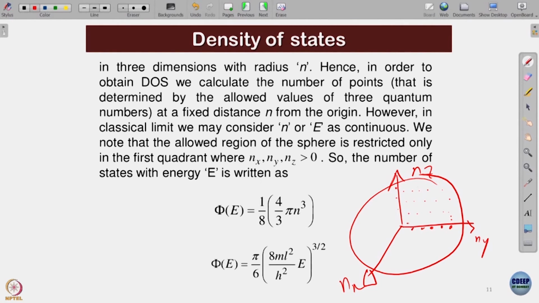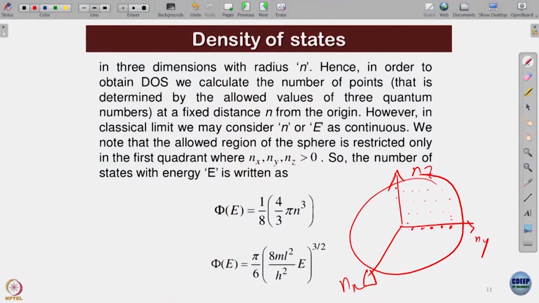So now I can play the smart game. I say, okay, the total number of states is very large. In order to calculate the total number of states, all I need to do, since they are placed at unit spacing, and this is the real crux of the matter, is that nx, ny and nz increase by 1. nx goes 1, 2, 3, 4, ny goes 1, 2, 3, 4. So there is this grid that I am forming, with all spacing 1.